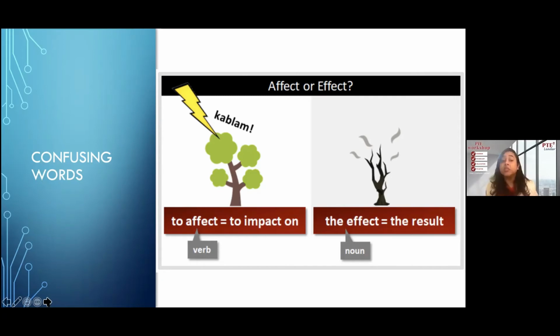Try to identify first what they are trying to say, if it's a verb or a noun, and then decide which spelling you need to write. So yeah, this is sometimes really confusing.